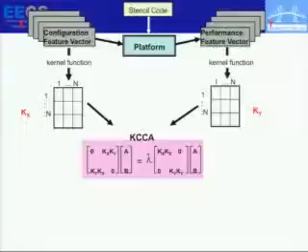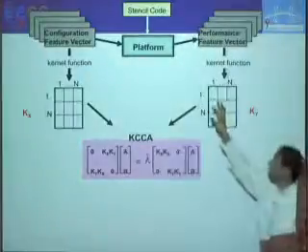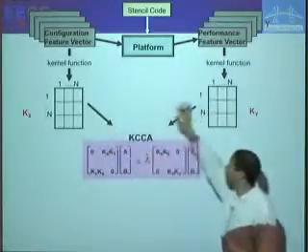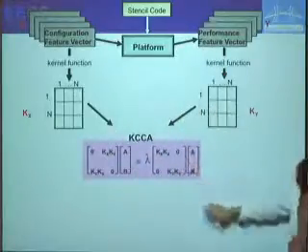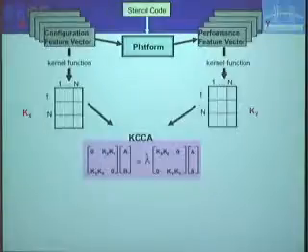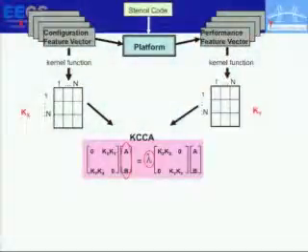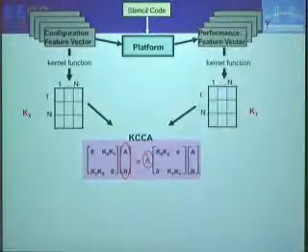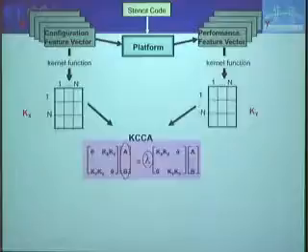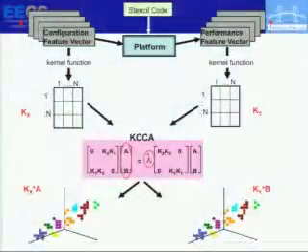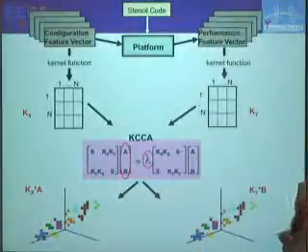The KCCA algorithm is actually an eigenvalue problem. And we take this Kx and this Ky, and we set up this problem, and we solve for the eigenvalues and the eigenvectors associated with it. And so this is part of the model building that is involved in this process. And what that does is we're able to cluster similar performing points and similar configurations together to find the maximal correlation between the two.